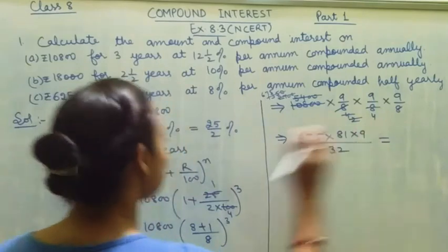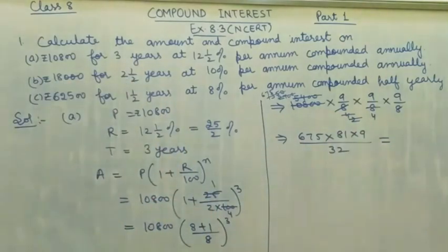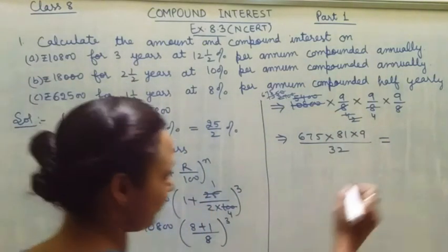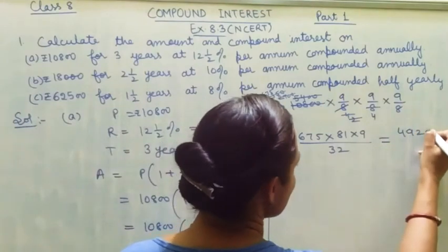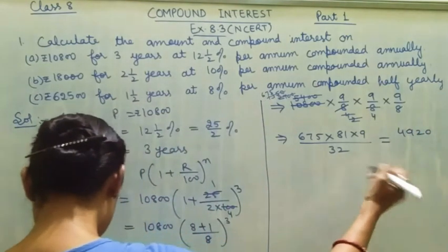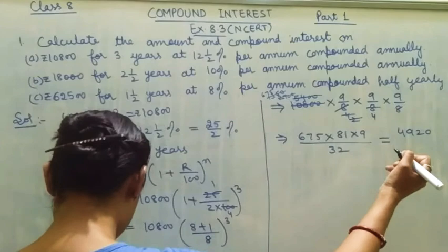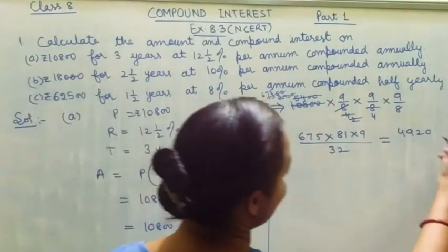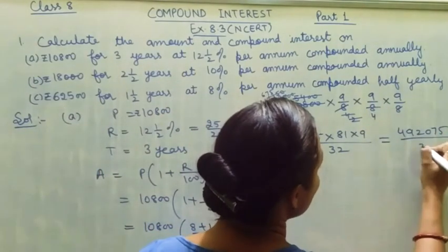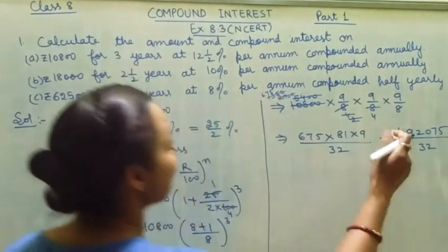So by multiplying these three factors, after doing the multiplication, we have 2075 divided by 32.